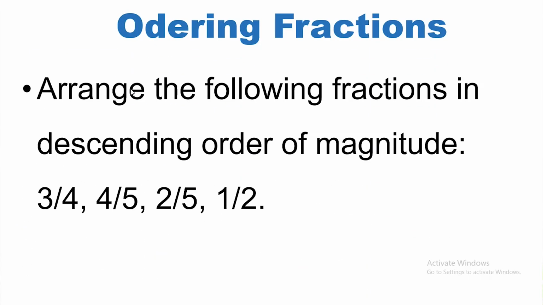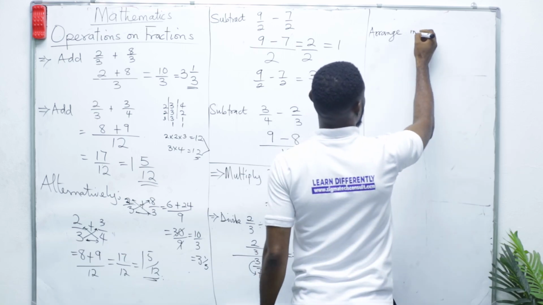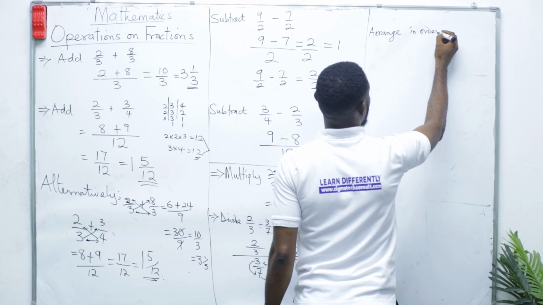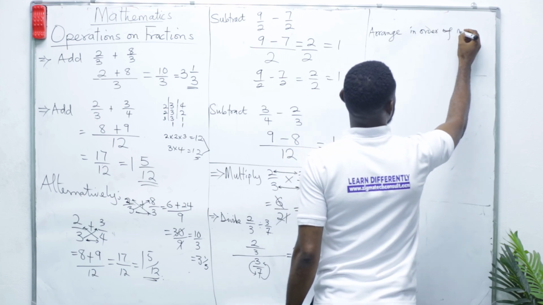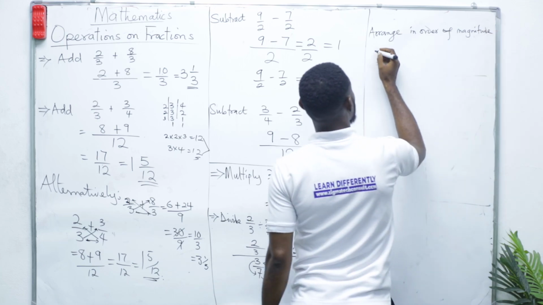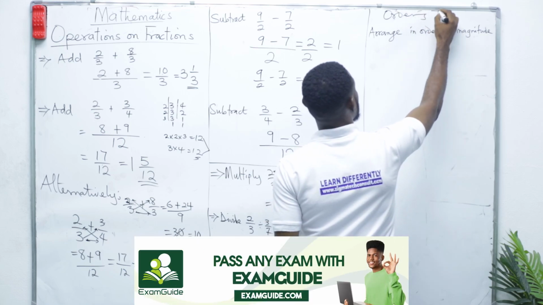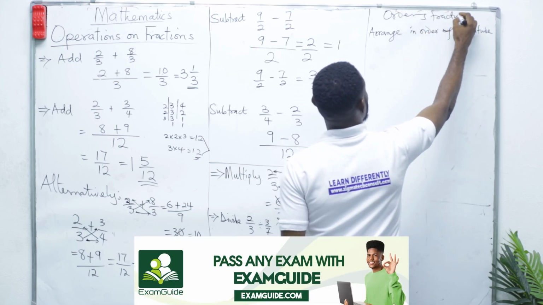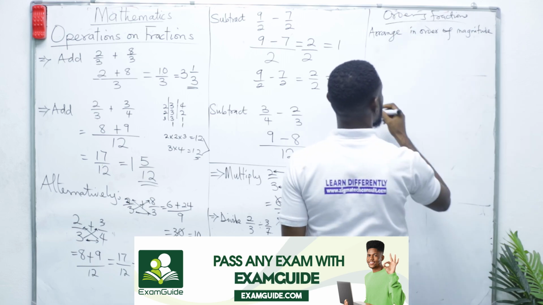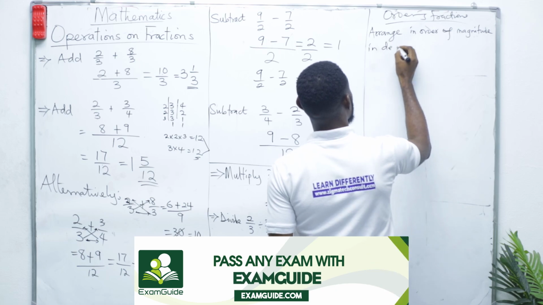All right, so let's look at that. So we have to arrange in order of magnitude. This is ordering fractions, in order of magnitude in descending order.